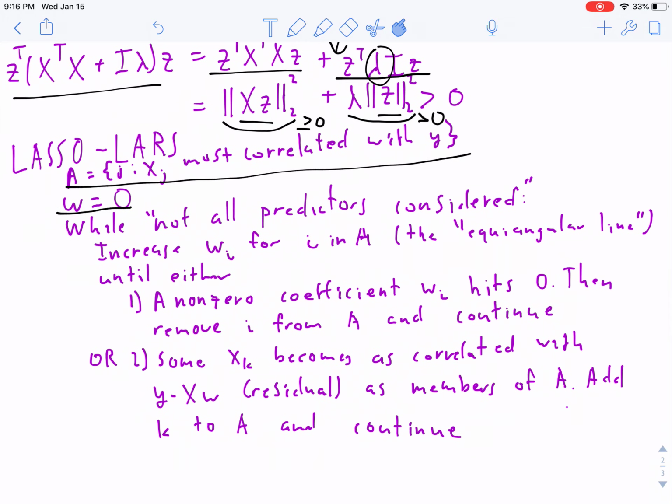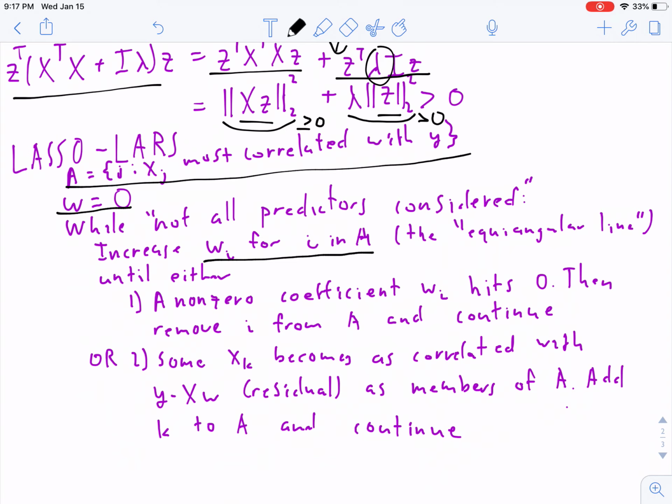Until we've gone through all the predictors, or all the x dimensions, we're going to do this iterative process. We call A the active set. For all the dimensions in the active set, we'll increase their relative coefficients, Wi.